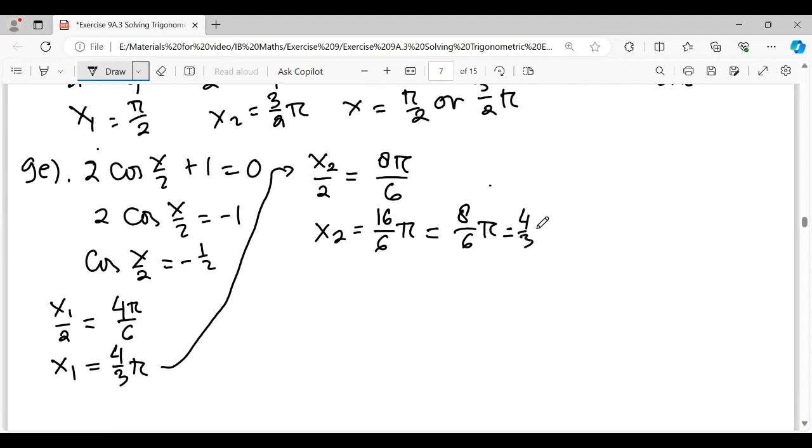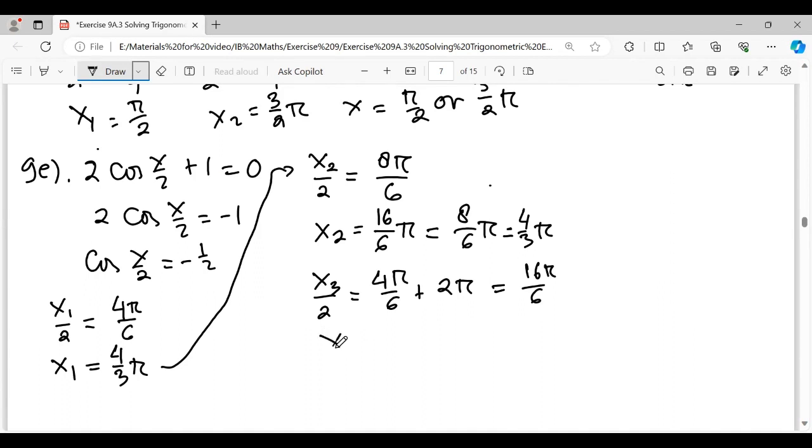Simplify. x3 equals 4 pi over 6 plus 2 pi, so it becomes 16 pi over 6.